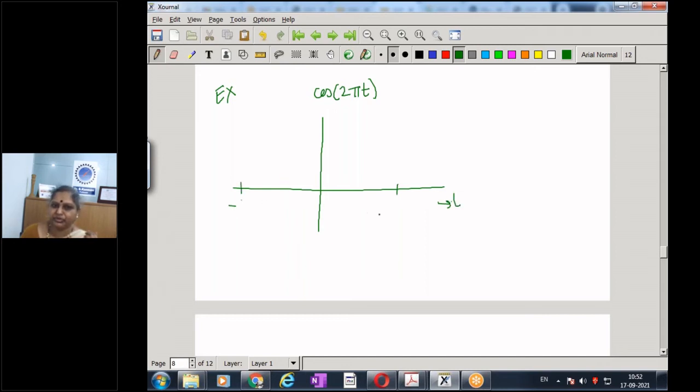Let us say minus 1 and 1. If I consider the interval, say minus 1 to plus 1, what is the area? If I do the integration, minus 1 to 1 cos 2 pi t.